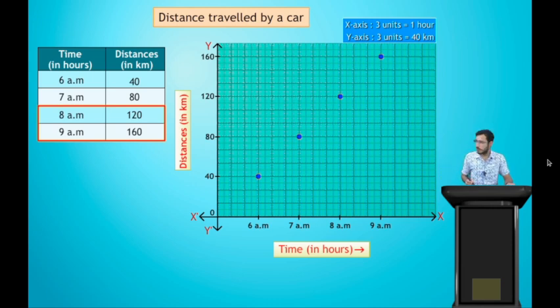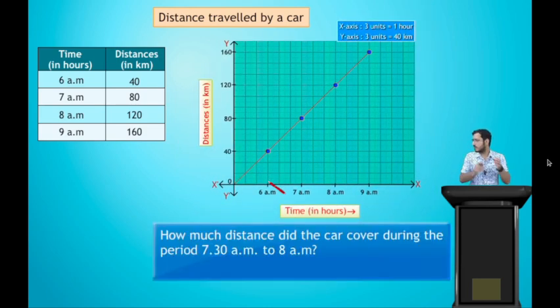So here you can see all 4 points: 6 to 40, 7 to 80, 8 to 120, and 9 to 160. Now join all the points, and you can see it's a straight line, a linear graph.